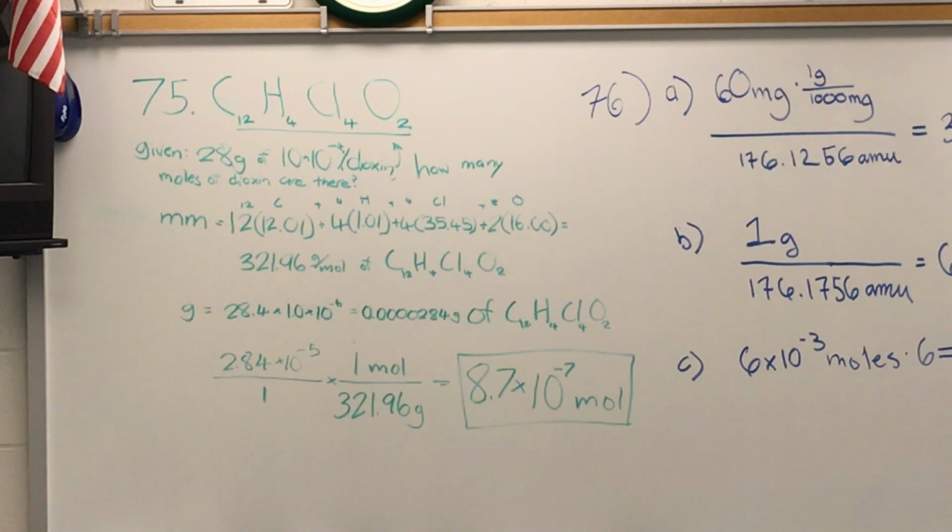Anybody disagree with that number? And then sig figs. Just so you know, with sig figs, you have 12 carbons, 4 hydrogens. 12.01 is 4 sig figs, but hydrogen is 3.